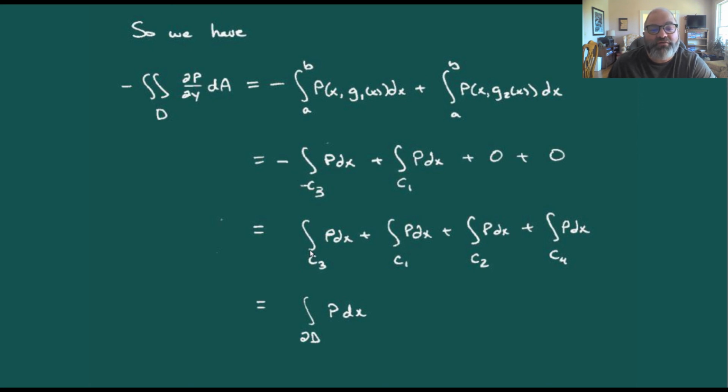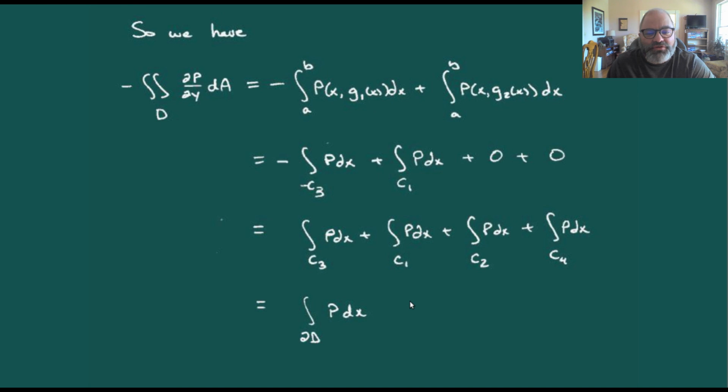We had this negative on the outside, so that just becomes the integral over our top, plus the integral over our bottom, that was our C1, and then we can slap on a couple of zeros that don't change anything, and those zeros are our integrals over C2 and C4. Putting all of those together with the properties of line integrals, the integral over our entire boundary is just P dx.